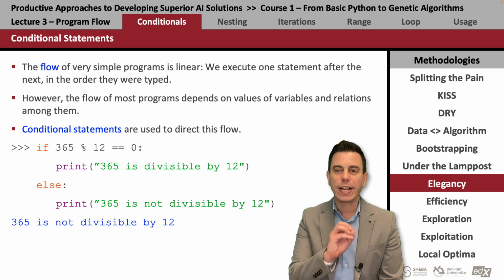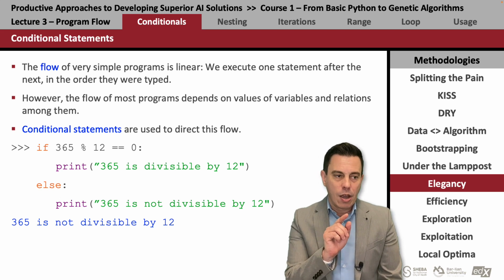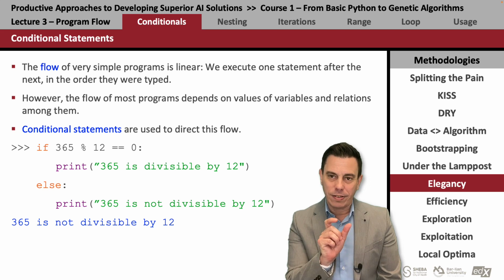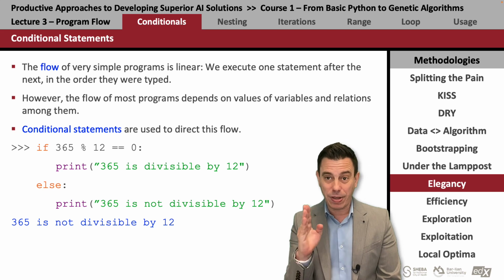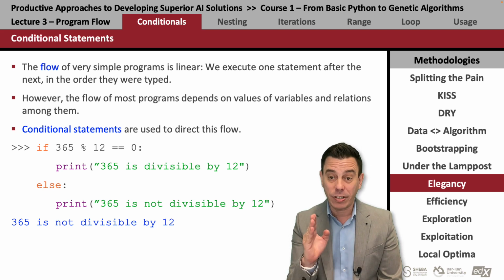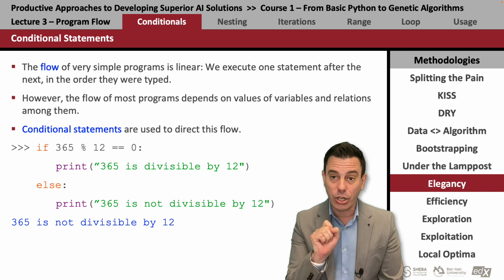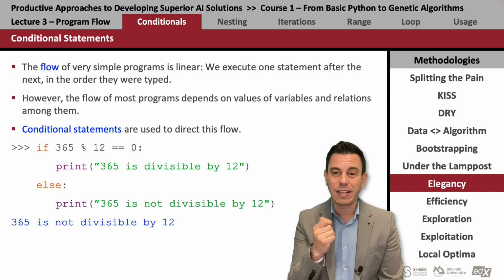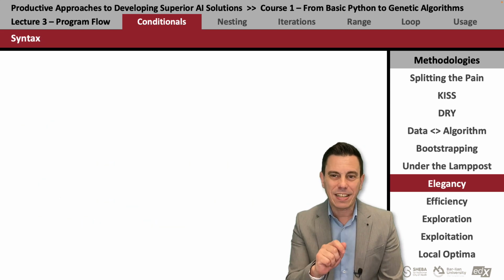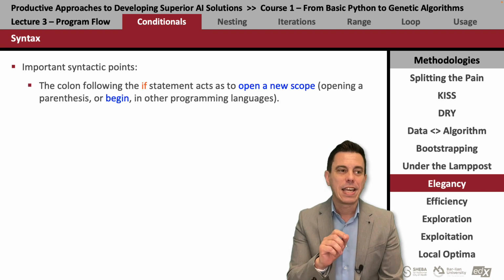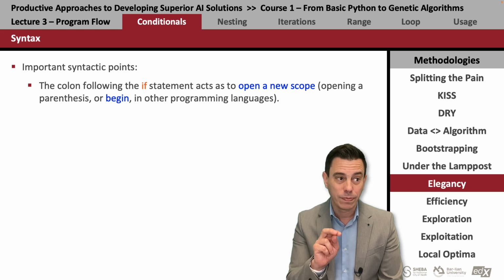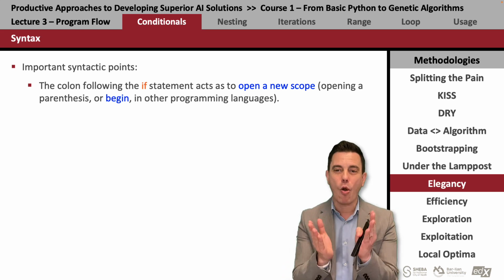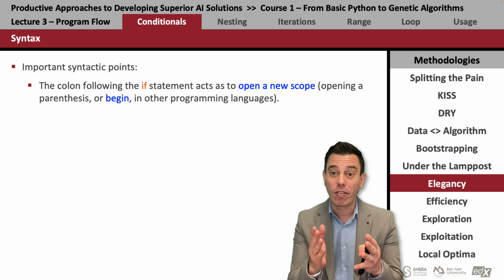Okay, so what did we see here? We see the if command, it is in one line, and then the colon. And after the colon, we have a space, it's called indentation, and then the print command. Let's see it in a syntactic way. The syntax of the if command is that after the if statement, after the colon, we open a new scope, like a new block.